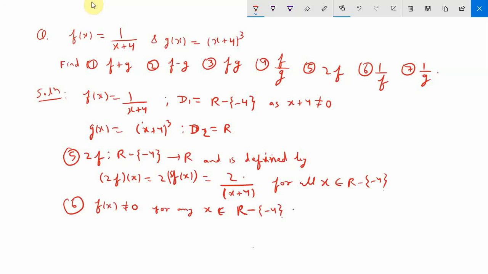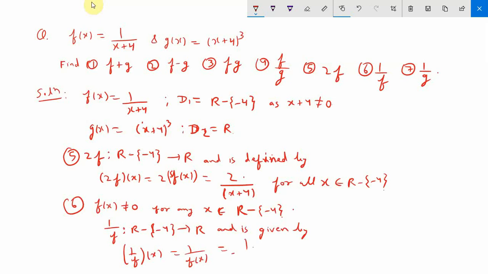So 1 by f domain will be R minus {minus 4}, and range will be R, and is given by (1 by f)(x) equal to 1 by f(x). So 1 by 1 by (x plus 4). Okay, it will be (x plus 4), and domain will be R minus {minus 4}. So next we have to find 1 by g(x). So let me clean this.